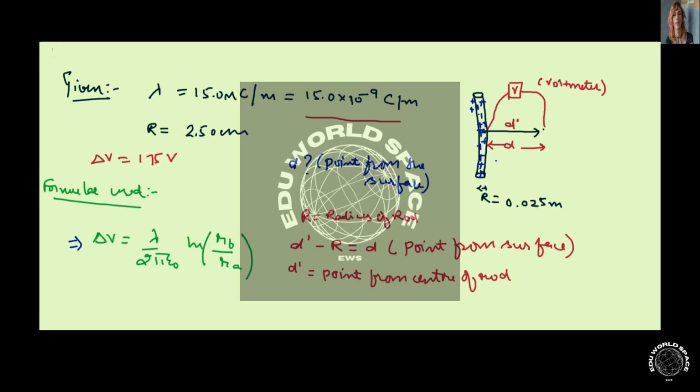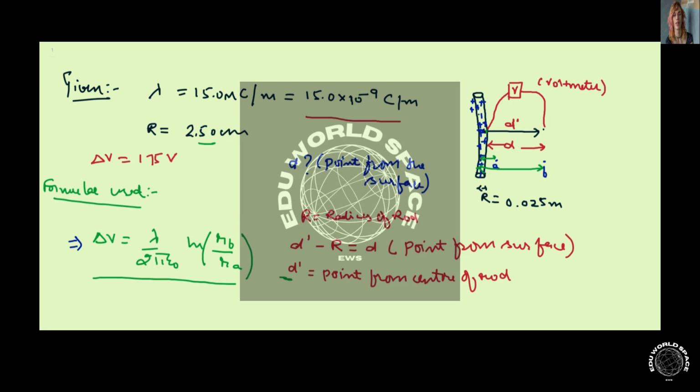Let's say we have a here and b here. d prime is the distance from the center, and r is the radius, from the center of the rod to the surface. We will use this formula to find d prime, and then we can find d.